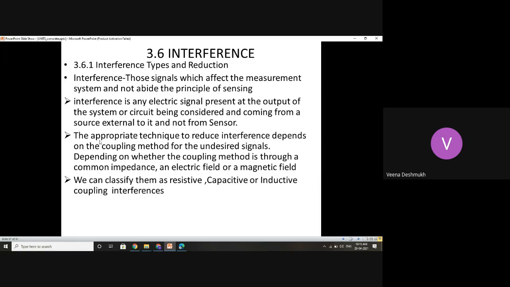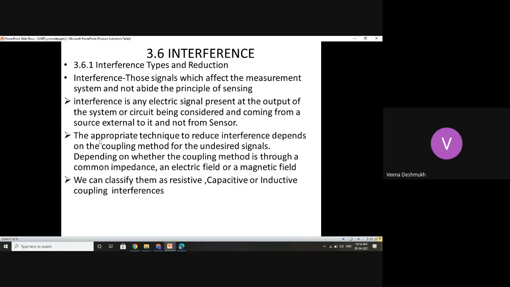Now the next point is how to reduce these noisy signals or interference signals. In communication systems, we have different mechanisms to reduce noise signals, especially filters. And in sensors, what mechanism is adopted to suppress these noise signals?